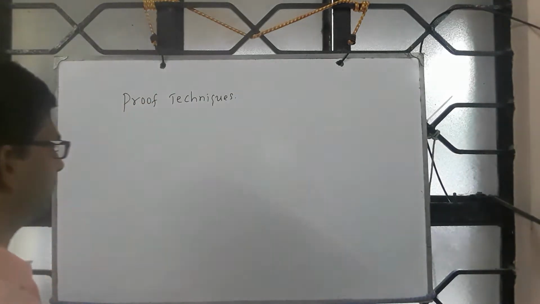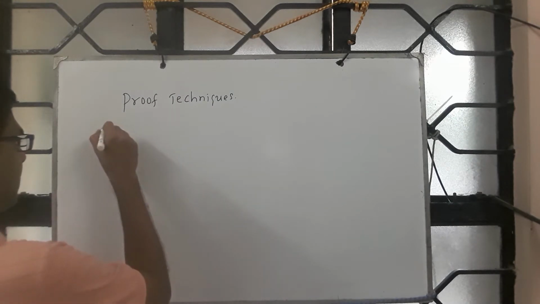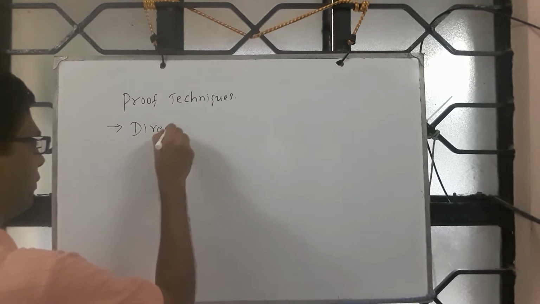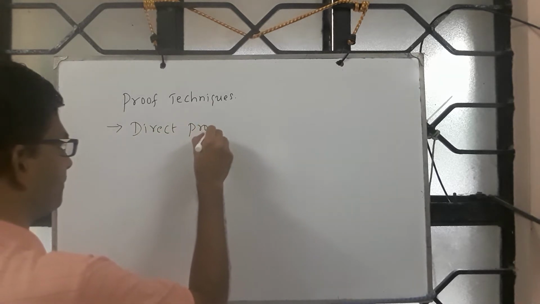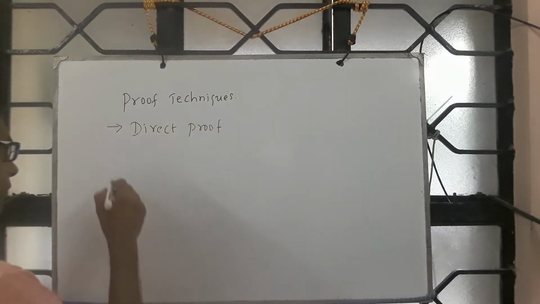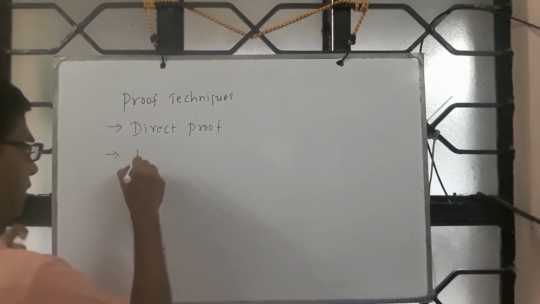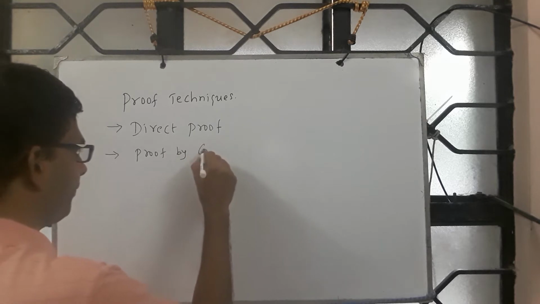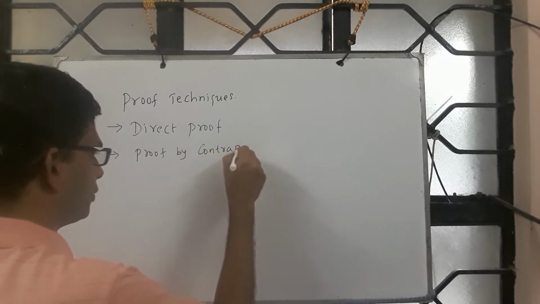And the techniques that we will be discussing as part of this series are something that we have seen before in the context of logic, something called direct proof, and the next one is called proof by contraposition.